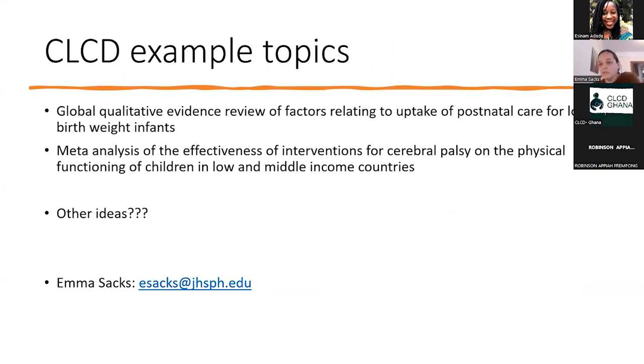Anyone who wants to do that should contact me, because you can adapt a search strategy that I have. Or, for a more quantitative study, you may want to do a quantitative summary and a meta-analysis, which we would have to talk about separately, looking at the effectiveness of certain interventions on cerebral palsy, on certain kinds of functioning, and you could define your population of children in a certain group of countries.